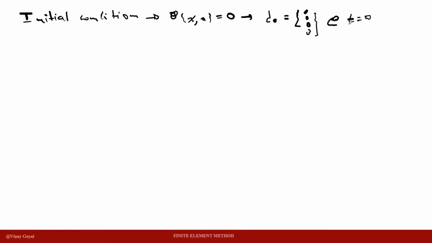So now we want to find what happened at t equals 1. At t equals 1, we find d1, and so on. And we can keep applying this formula until we consider that we achieve our solution.